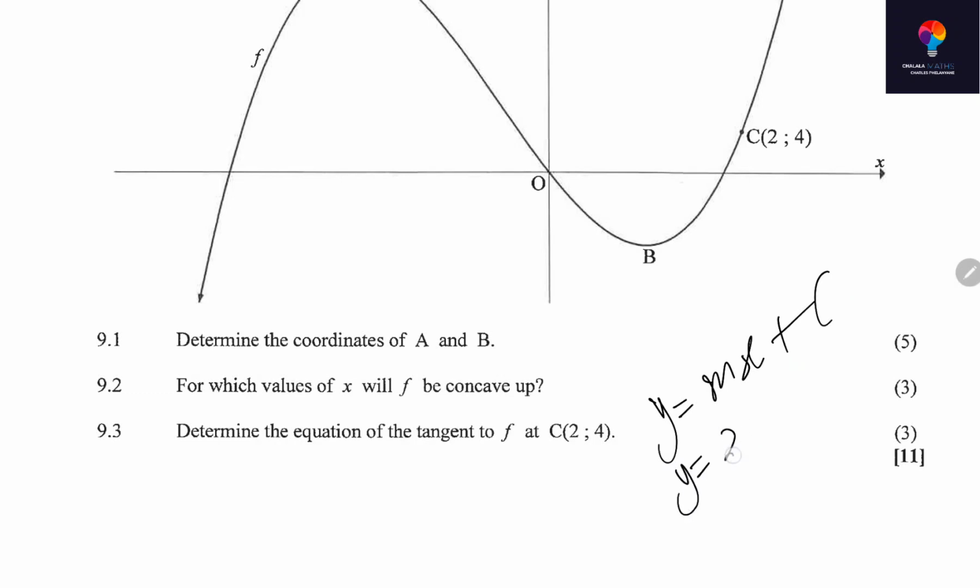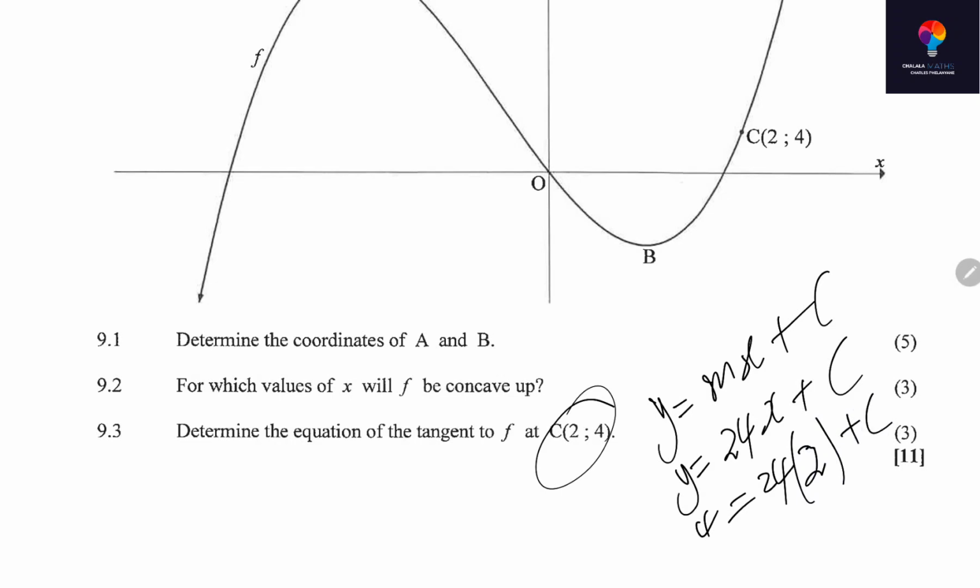What is m? It's 24, plus c. Therefore, we can just replace these two there in the equation, just for us to get what c is going to be.